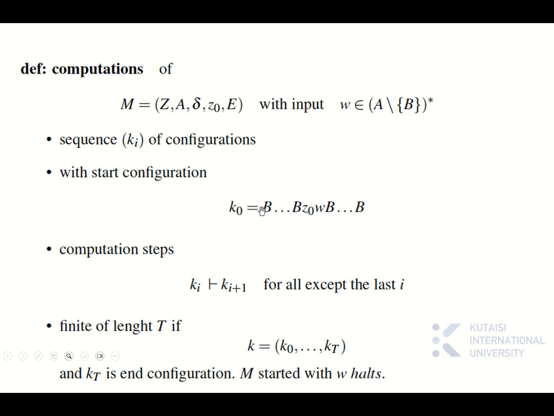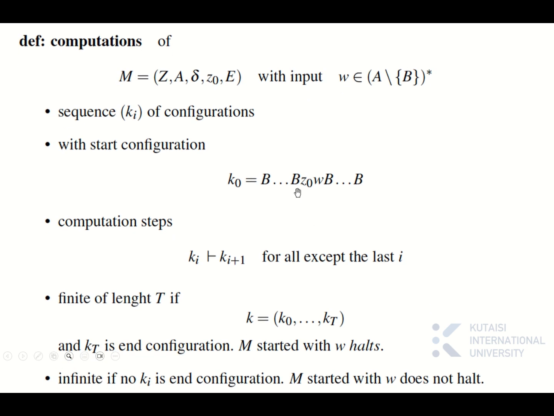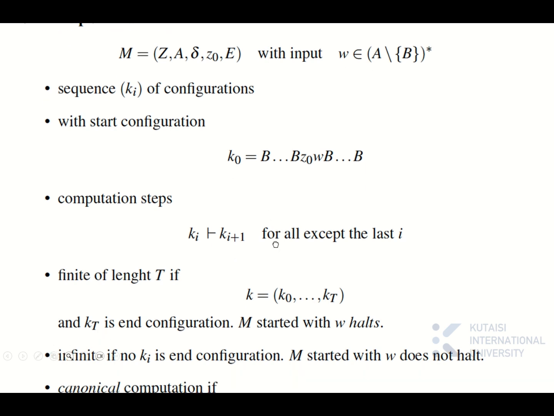That means when this machine starts moving and writing, it will never cross this threshold to emptiness, so it only uses the first definition. This is just for simplicity, nothing else. You can omit these B's, but let's assume that your input is surrounded with enough B's, so your machine never needs to leave this. Now, what is a computation? You start here and then you make the steps by the definitions we just gave.